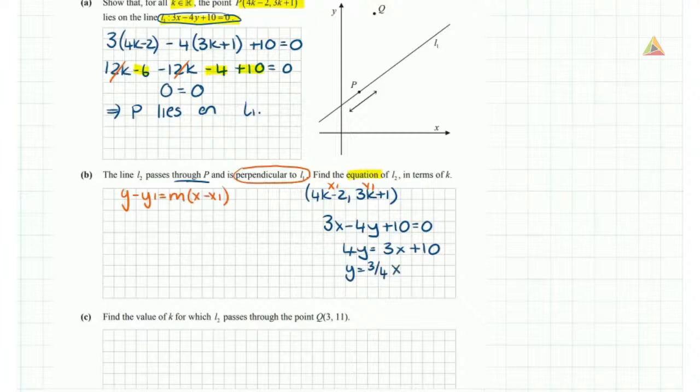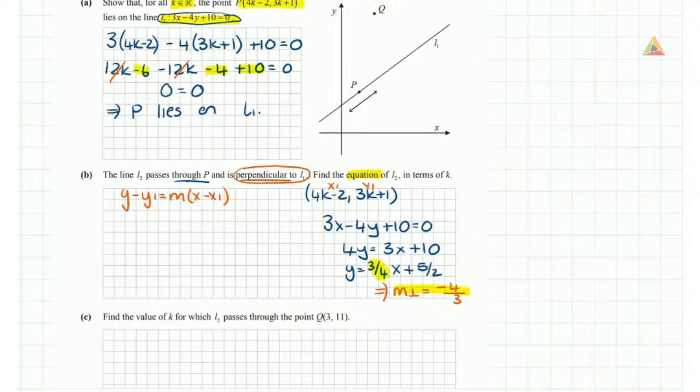So we're getting 3/4 x plus 10 over 4, or that simplifies to 5 over 2. So because it's in that form, my slope is 3/4. So therefore, my perpendicular slope, because that's what's needed for line L2, we're going to flip it, so turn it upside down, and we're also going to change the sign. So it becomes a minus 4 over 3.